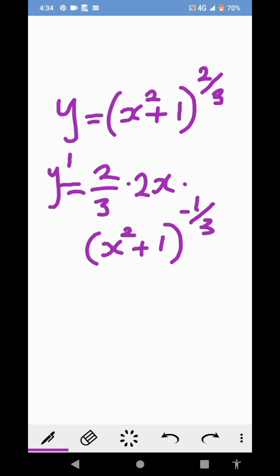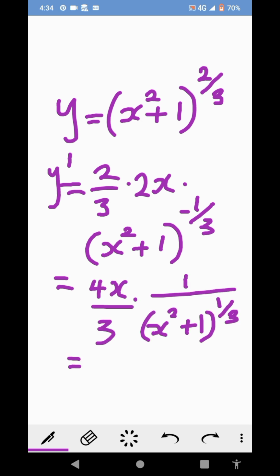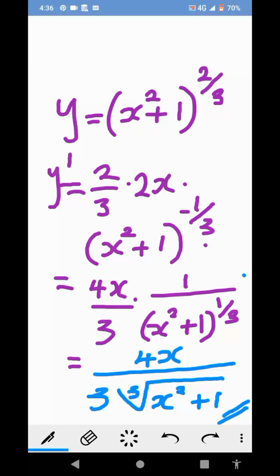Remember, 2 over 3 minus 1 will give you minus 1 over 3. If you tidy up, the minus 1 over 3 brings the bracket down, and if you multiply the numerators and simplify the denominators, the power 1 over 3 is actually a cube root. So that's the final answer for y prime, which is the same thing as dy/dx: 4x all over 3 times the cube root of (x squared plus 1).